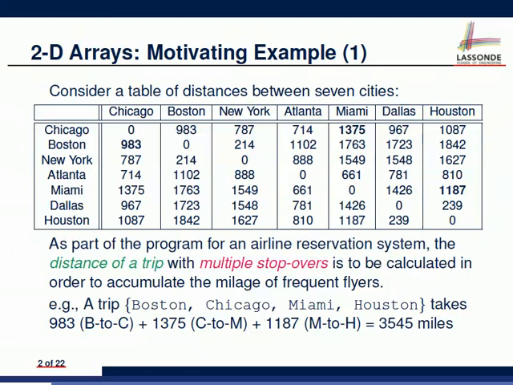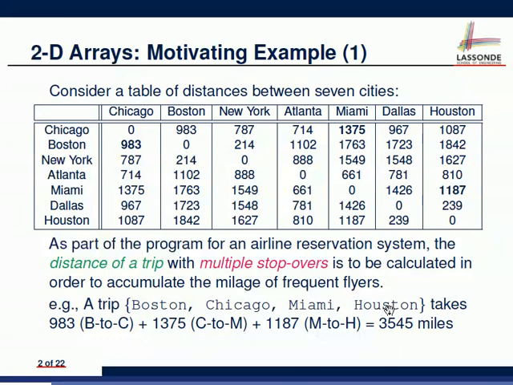Let's assume all the cities are really there in the table. I want to go from Boston to Chicago, then to Miami, and then to Houston. If I buy tickets for this itinerary, what will be the distance I will be traveling? How do we look up the table accordingly and calculate it?